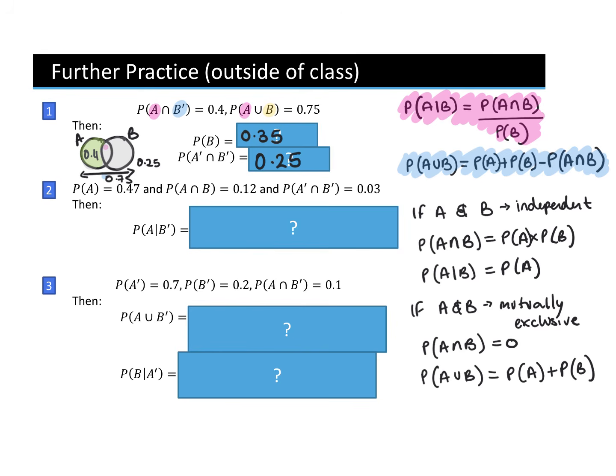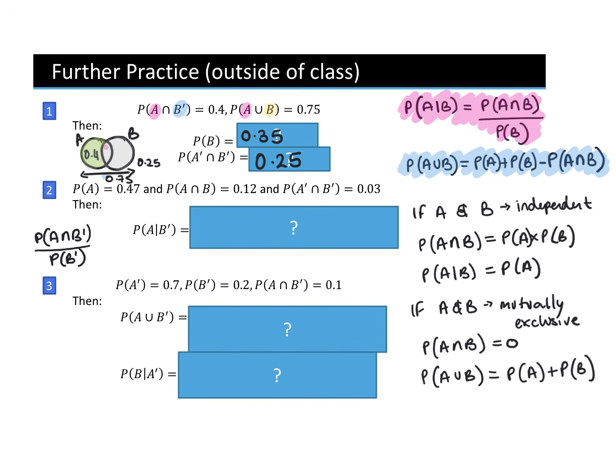It now says the probability of A is 0.47, and A intersection B is 0.12, and the probability of not A intersection not B is 0.03. Then, what is the probability of A given B dash? To find the A given B dash, I know the formula I'm going to use. It's the probability of A intersection B dash over the probability of B dash.